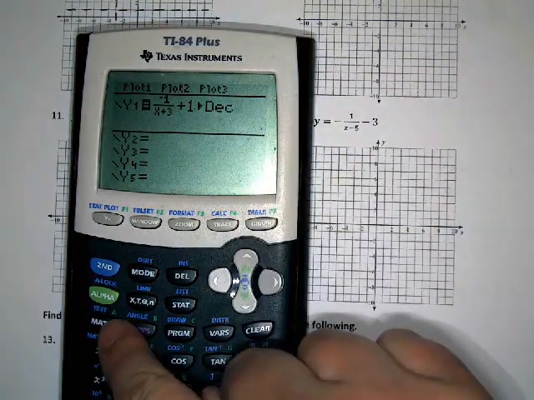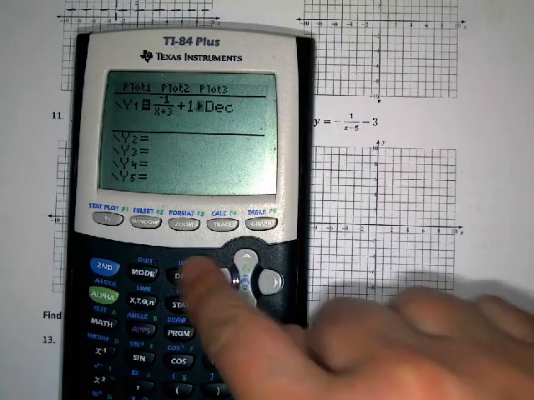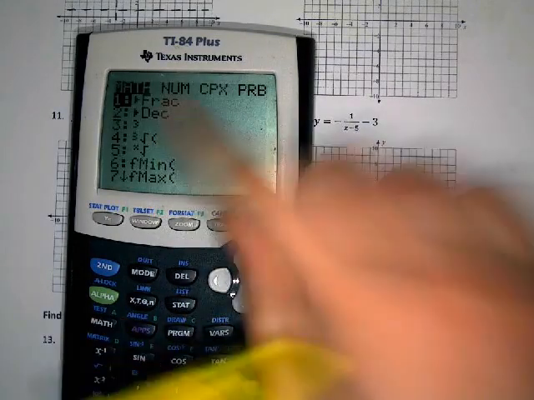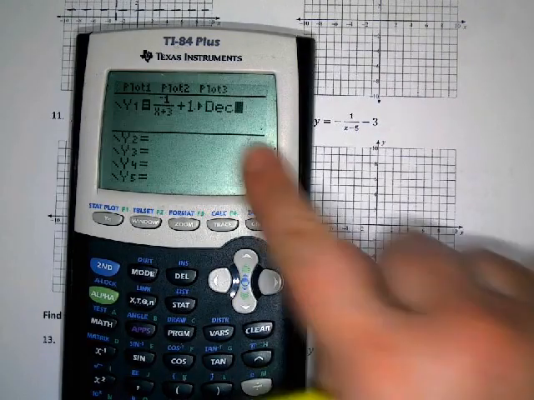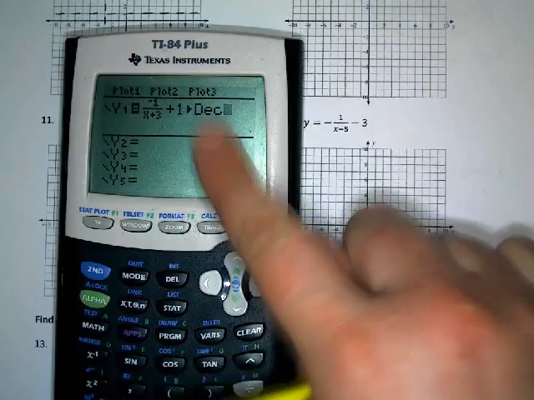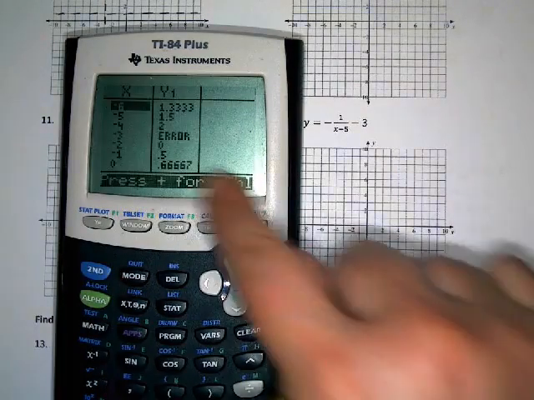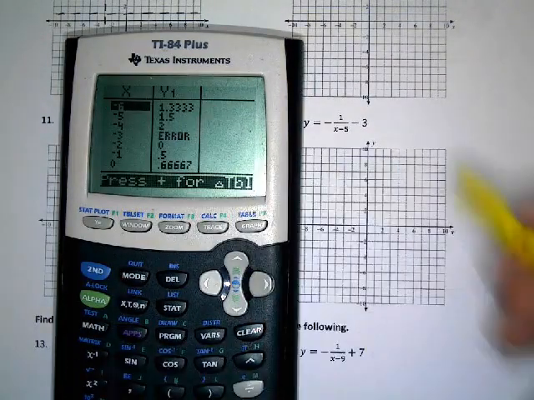So again, to do that, I hit the math button. Let me just delete this and type it again. I hit the math button and I went down to decimal. And so I'm telling my calculator to turn all of these outputs into decimals. So now if I look at the table, I don't see fractions anymore, I see decimals.